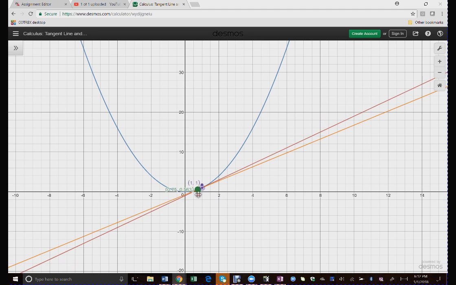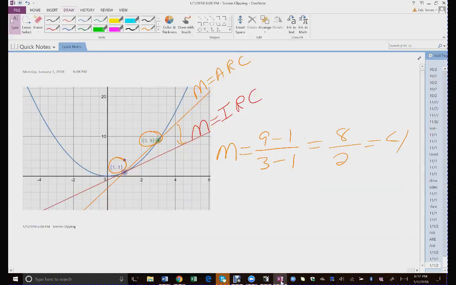And then it disappeared because we went too far. Bring it back from this side, again getting closer and closer to 2 until it disappears, because the secant line disappears when I'm at 1 point. However, let's do this by hand without a computer.